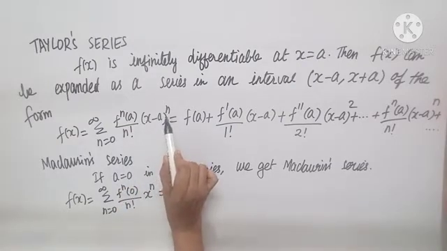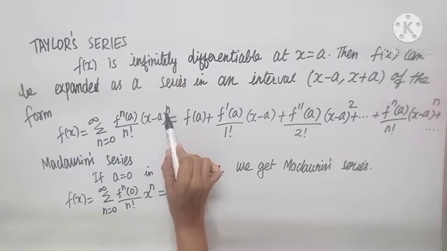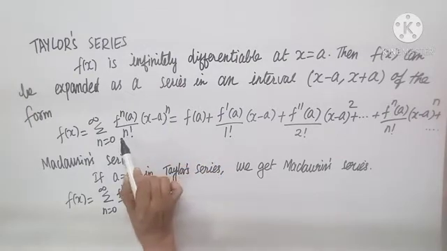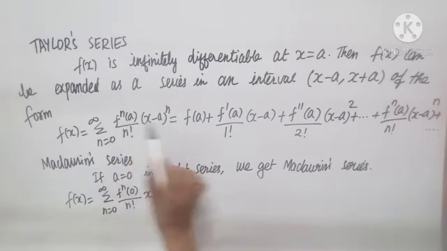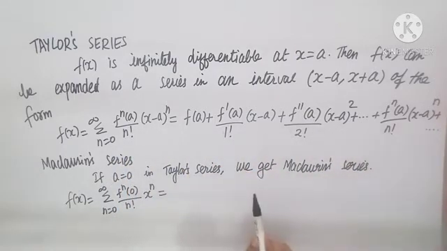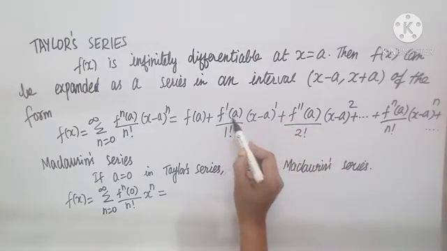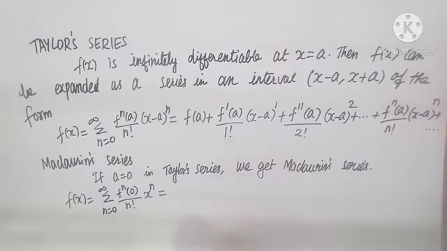The very first idea, put 0. X minus a power 0 is 1, 0 factorial is 1. So I simply get f of a. After that, it is simple to remember. X minus a power 1, f first derivative at a, by 1 factorial.